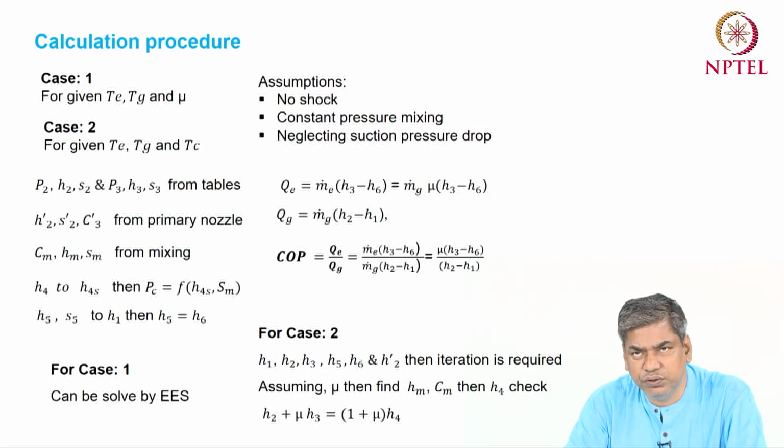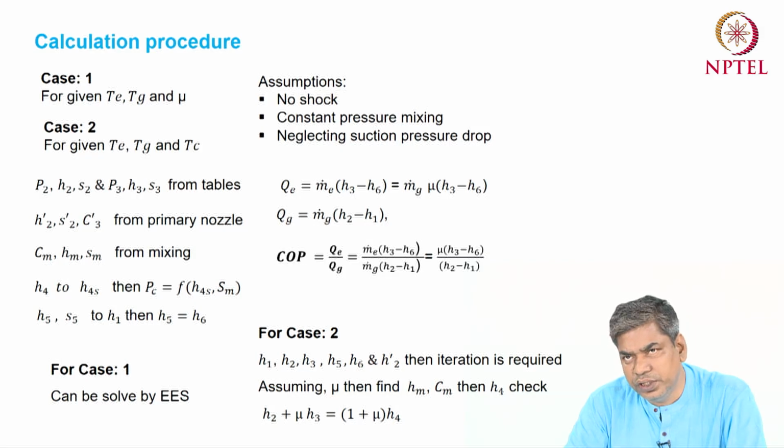The second is constant pressure mixing. The pressure change during the mixing process has been neglected, which means the momentum equation is based only on the velocity term. And the last one is neglecting the suction pressure drop. I have already discussed in the previous slides that there is an expansion for the secondary nozzle also.